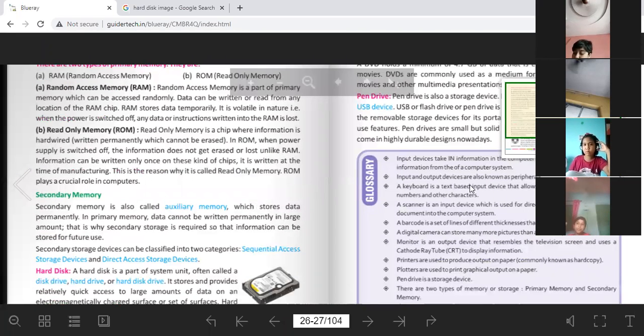So how much data can a DVD hold? A DVD can hold a minimum of 4.7 GB data, which is equal to the length of 2 movies. And it helps us to store presentations which contain picture plus audio.